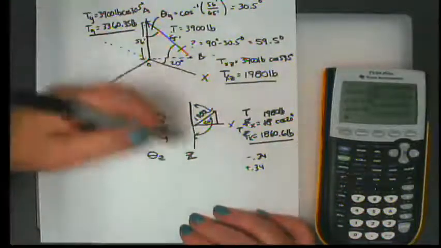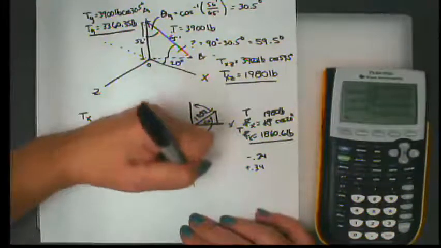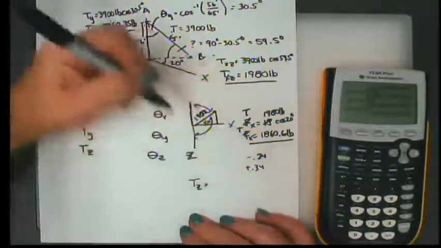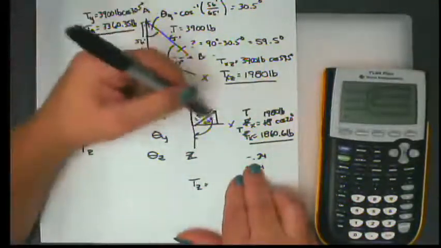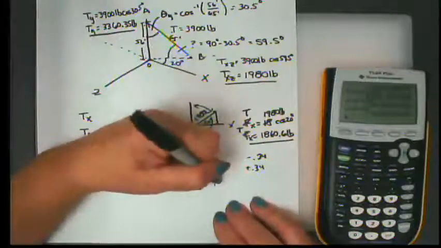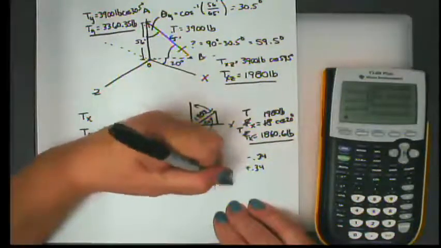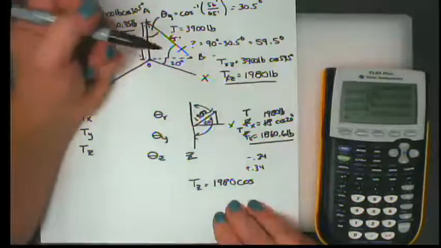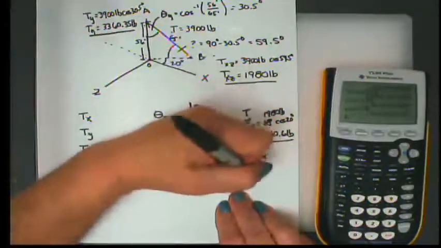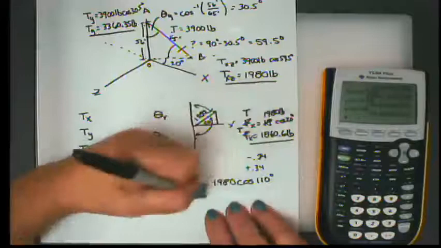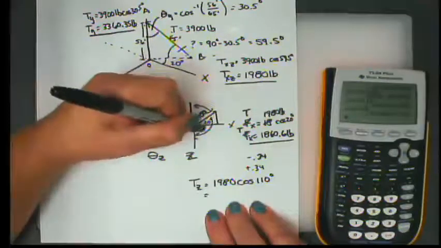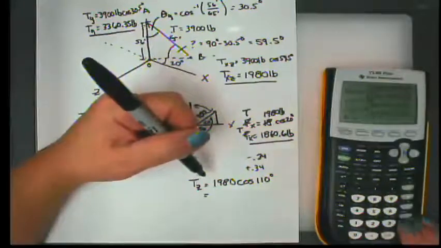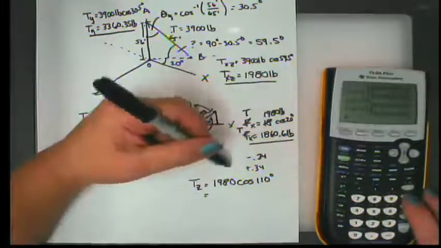So the tension in the z direction is equal to 1,980 times, since we're doing cosines, the cosine of 110 degrees, which is 90 plus 20. Cosine 110 is negative 0.342.